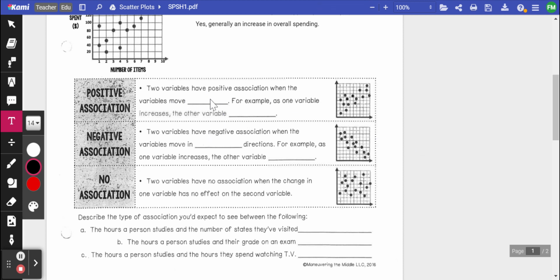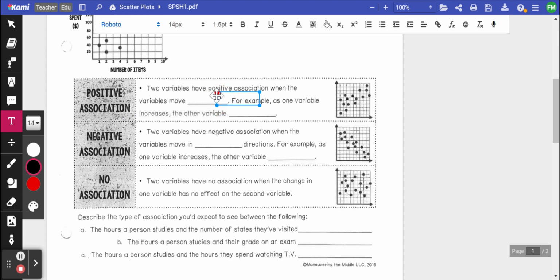Okay, so two variables have a positive association when the variables move together, meaning, for example, as one variable increases, the other variable, guess what, increases.